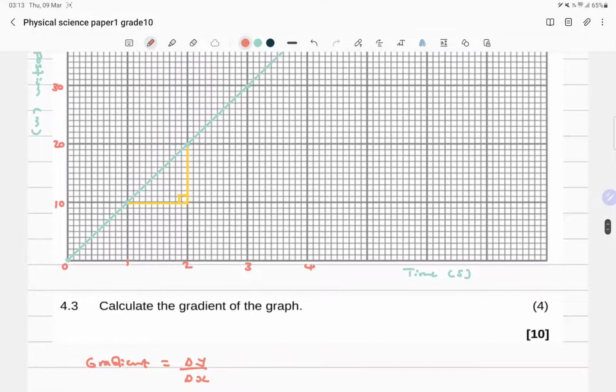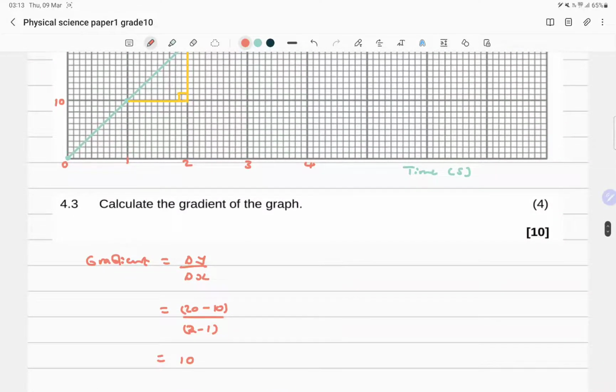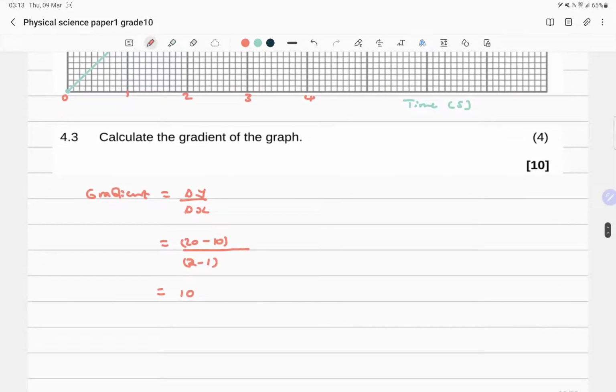In fact, it's not cancelling, because this is in meters, this is in seconds. So it's meters per second. So you have to write the unit. I almost made a mistake. The units are not the same, so this is going to be meters per second.